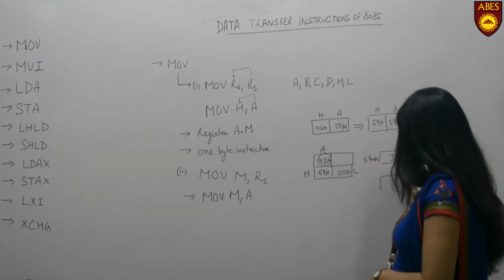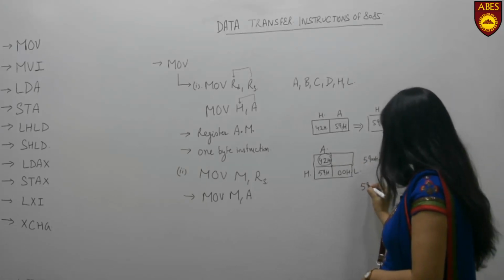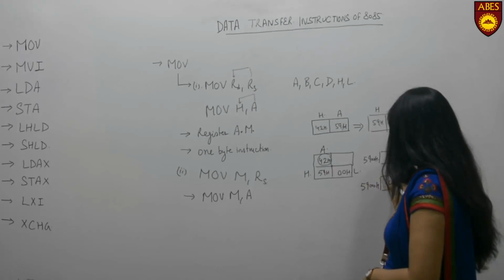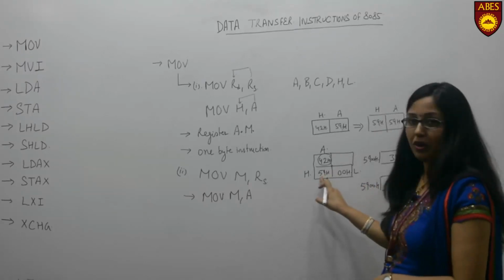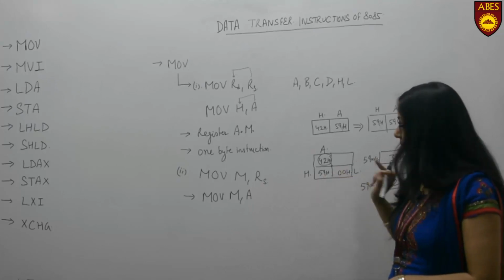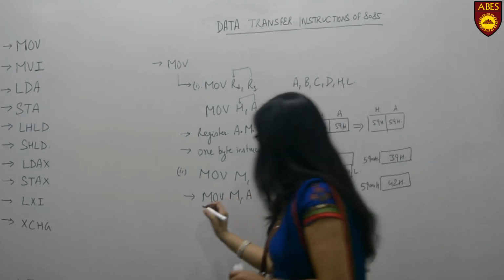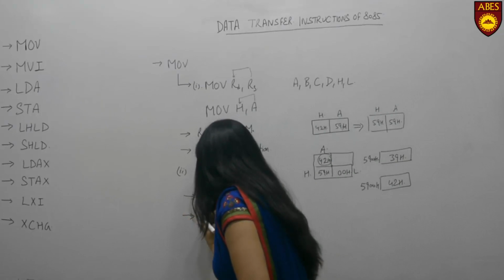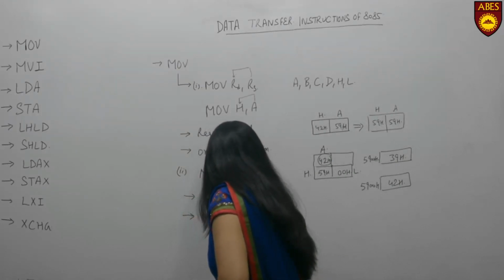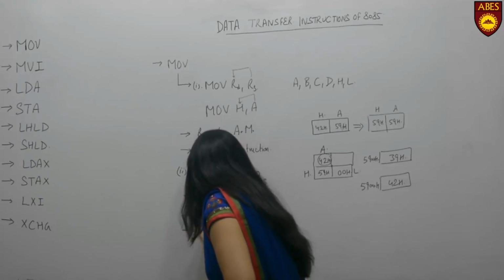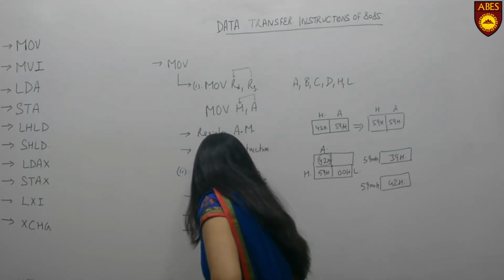That means the content of location 5900H is now 42H. This is the memory location pointed to by the HL register pair. This instruction belongs to the indirect addressing mode and is a 1-byte instruction.